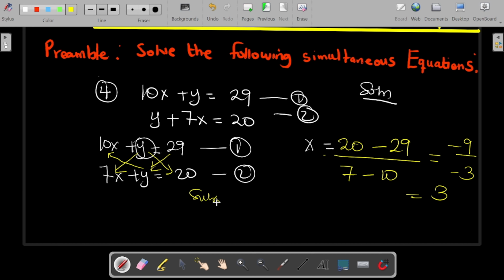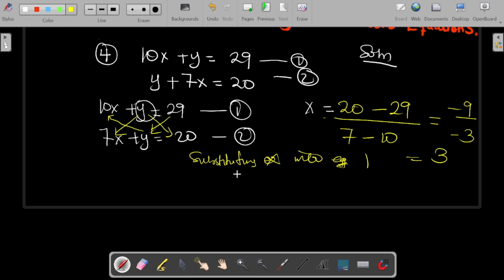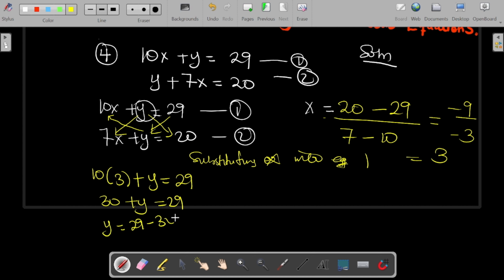So we can say, okay, substituting x into equation, let's say equation 1, we can say that 10 into bracket our value of x, which is 3, plus y is equal to 29. 10 times 3 is 30, plus y is equal to 29, and then we can see that our y is equal to 29 minus 30, right, which becomes negative 1.